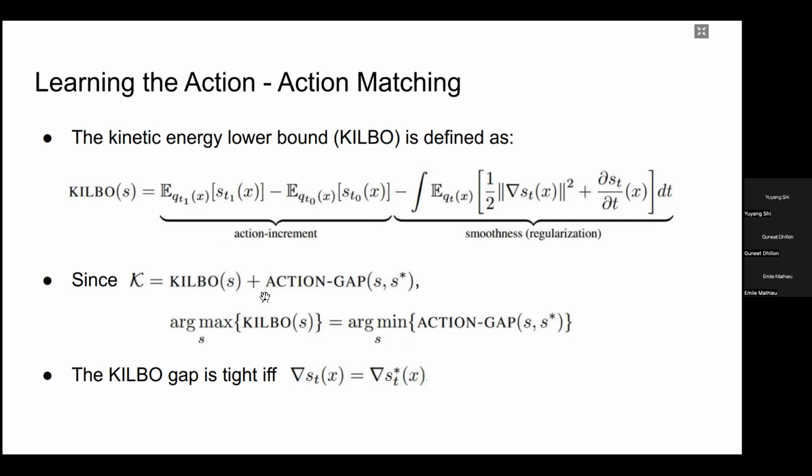At the same time, because this is fixed, we can just maximize this lower bound in order to minimize the action gap. So this is the learning algorithm they proposed. And basically if the action gap is 0, then the kinetic energy lower bound equals the true kinetic energy.